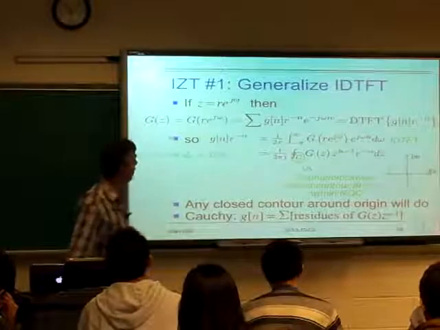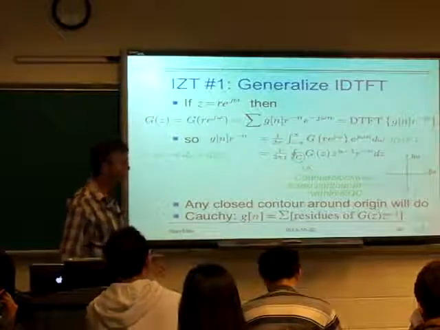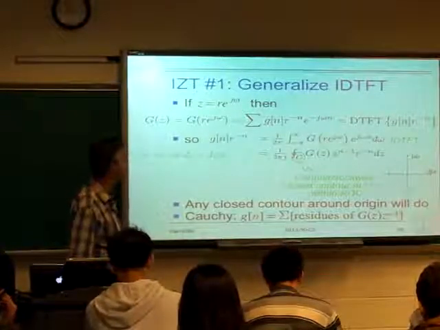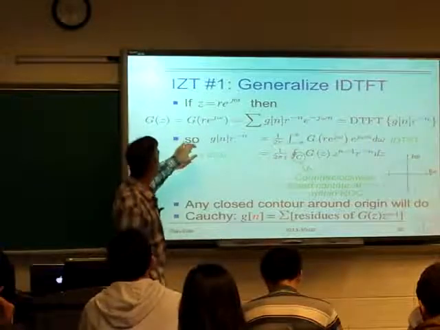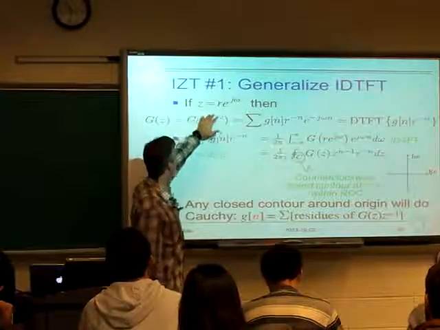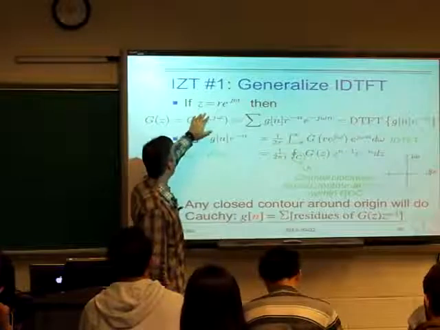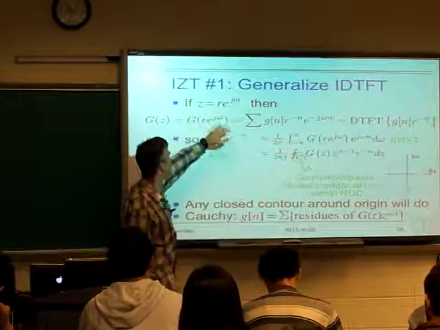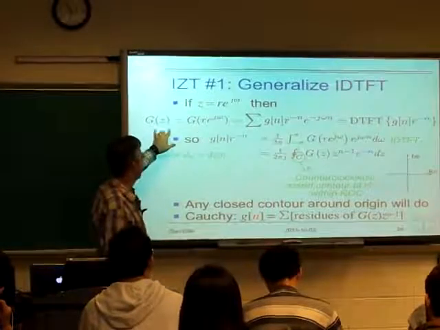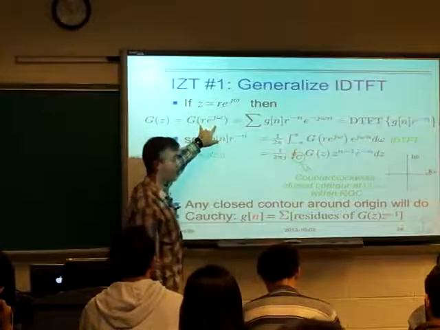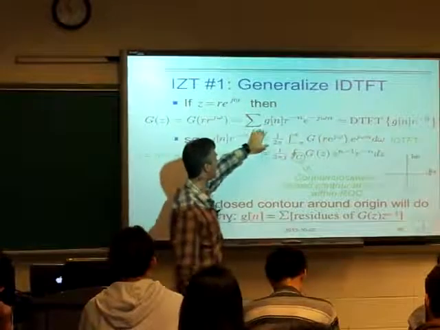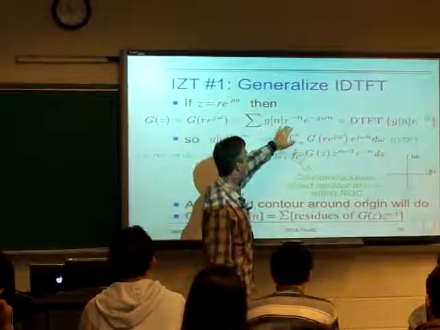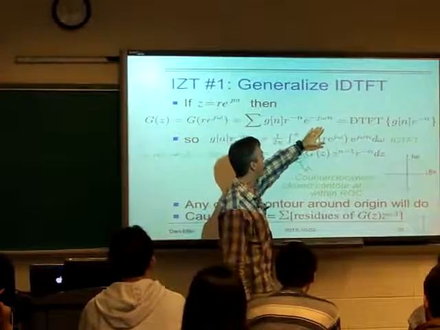Okay, so here's the first version, which is thinking about the IDTFT and how we generalize that. So we said that if z is equal to r e to the j omega, then g of z is equal to g of r e to the j omega, which is equal to the sum over all n of g of n r to the minus n e to the minus j omega n.